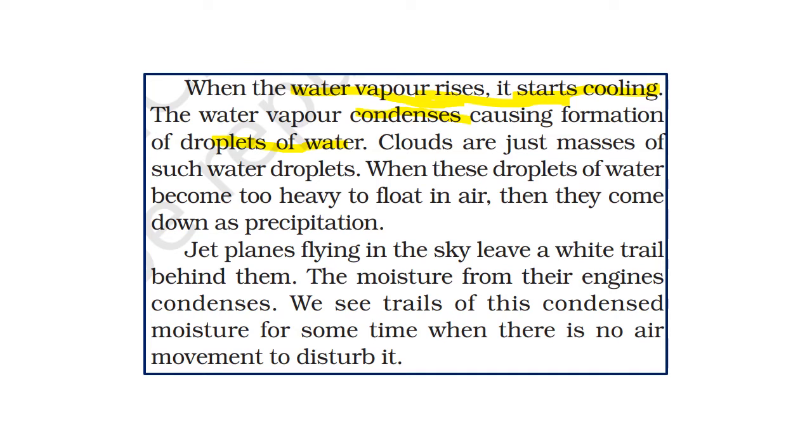When these droplets of water become too heavy, meaning the air can't hold them for a longer period of time, they can't float in air, then they come down, and this process of falling of water from air to the land is called precipitation.